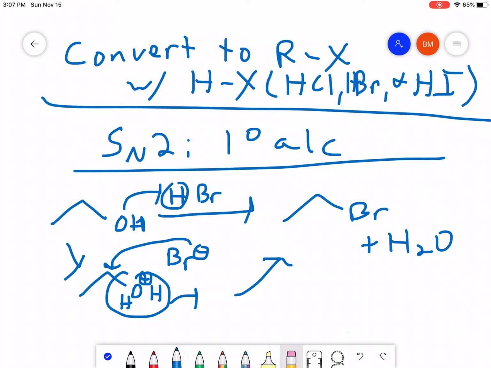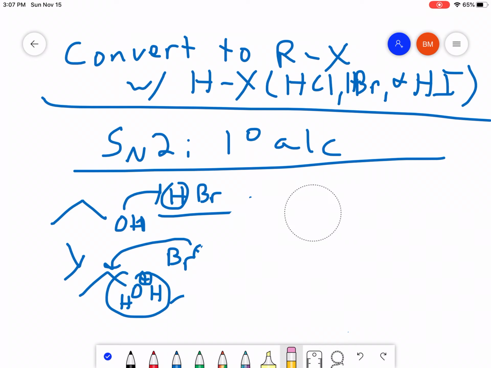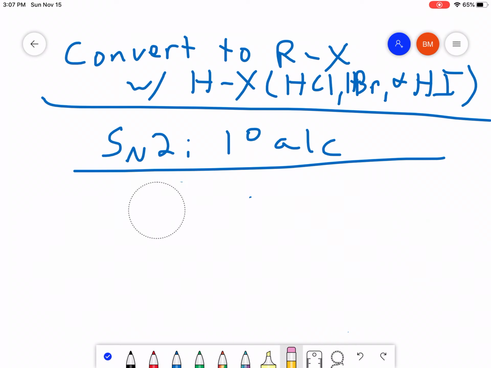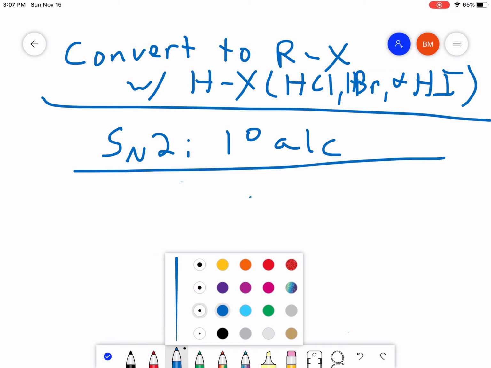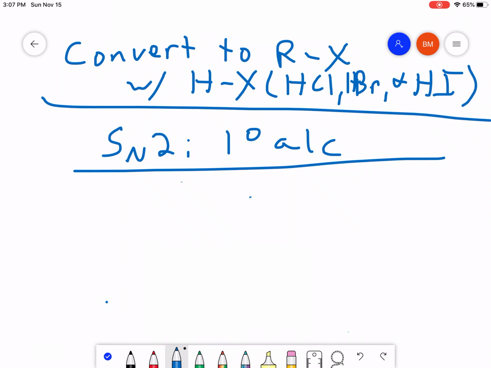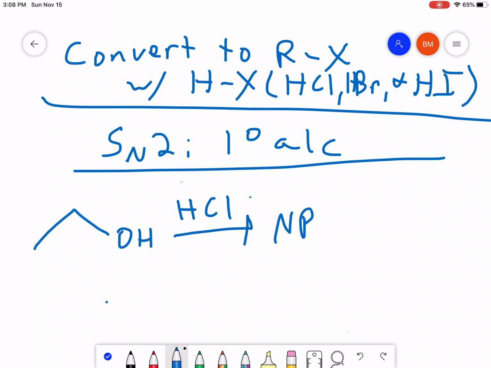There is one exception here that is a little bit more complicated, and that's if you do this with HCl. Let's say you try to do the same reaction with HCl. If you did this, guess what would happen? Absolutely nothing. You'd get the big old NR. NR stands for no reaction. Why not?